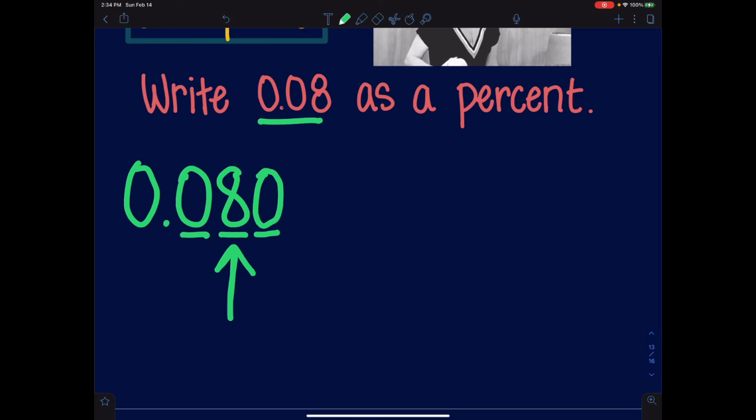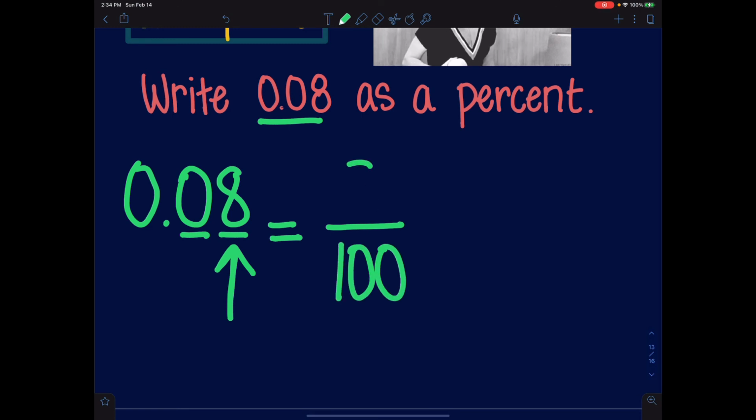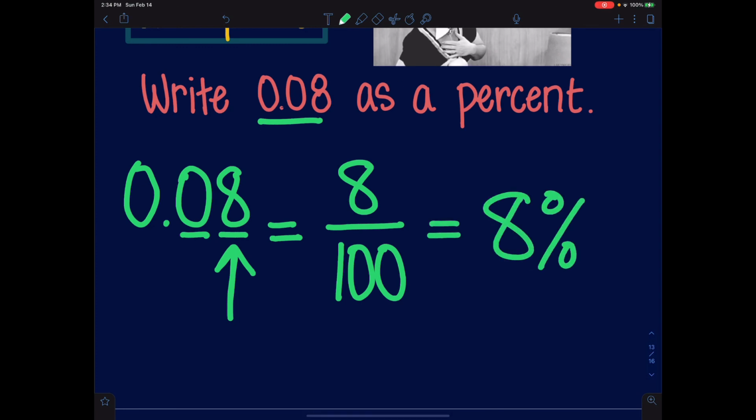That was confusing. I don't know if you need to know that. But this 8 is in the hundredths place. And so when you put it over 100, it's actually just 8 over 100. Does that make sense? It could be 80 over 1,000, but I don't know if that makes it more confusing. Okay, so it's just 8 over 100. When you do the next one, you'll see the difference between this and the next one. So now that you have it over 100, easy peasy, it's just 8%.